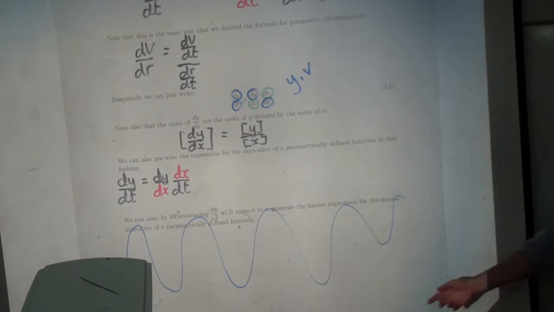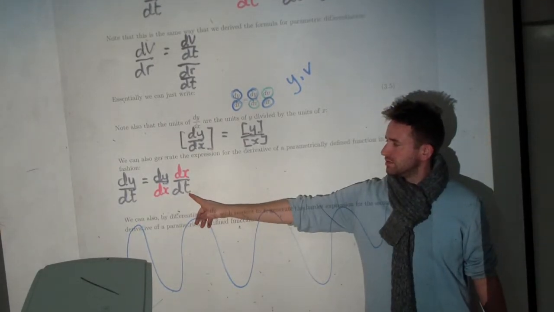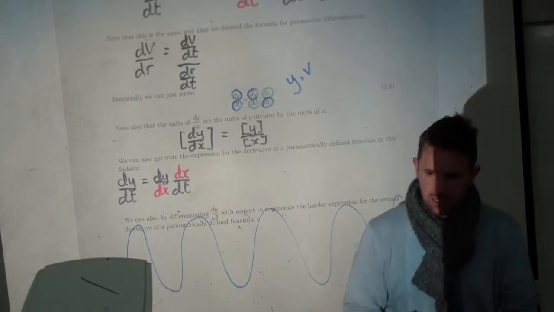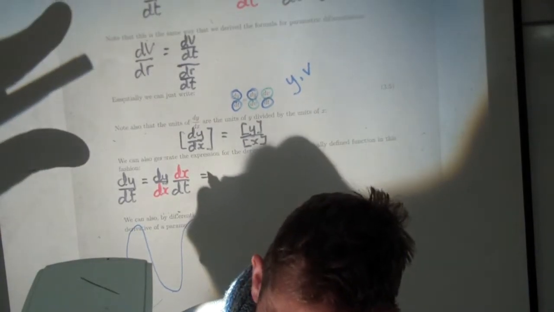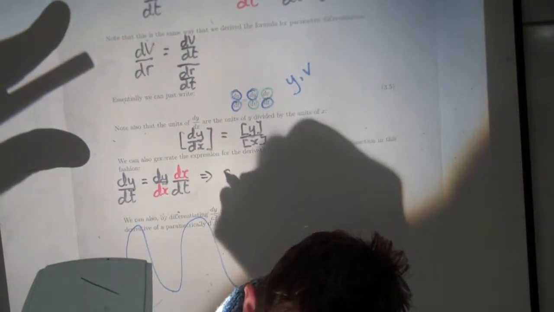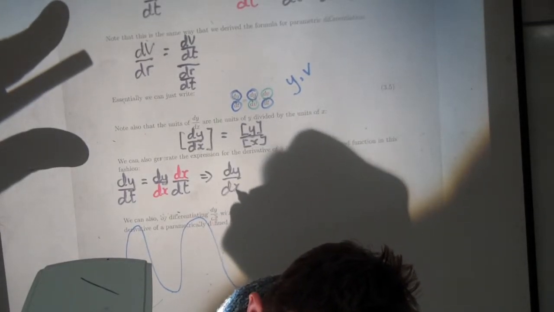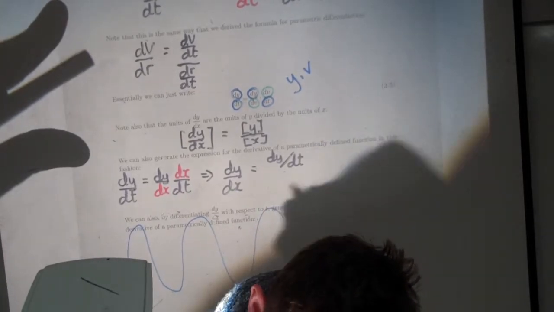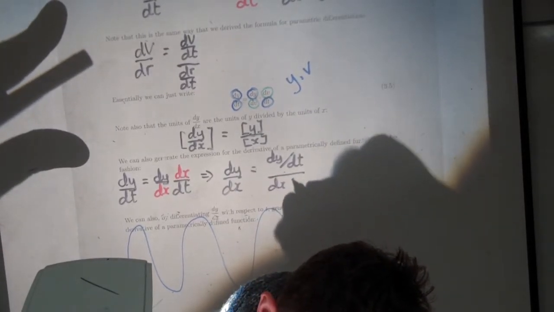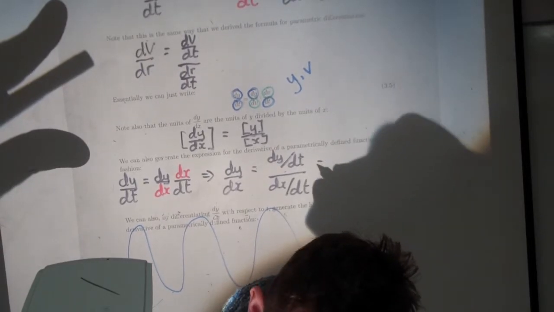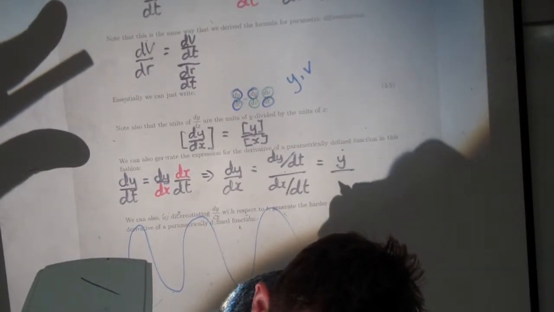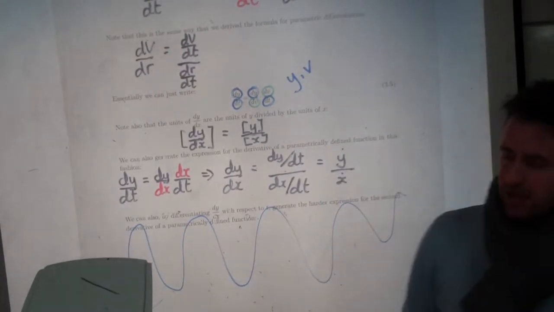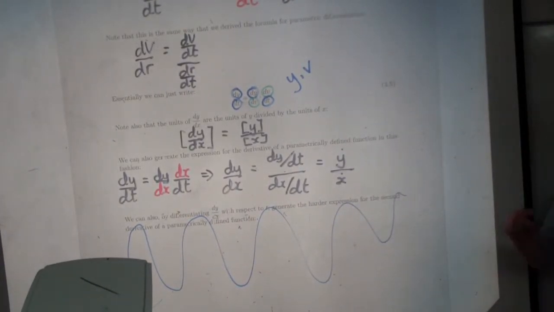How do you get rid of this dx dt? Divide both sides. And so you end up with the thing we saw last week, that dy dx is equal to dy dt over dx dt. And if you're looking back, this is also something that we called y dot divided by x dot. So y dash is notation for derivative, and y dot is notation for differentiating with respect to t, time.